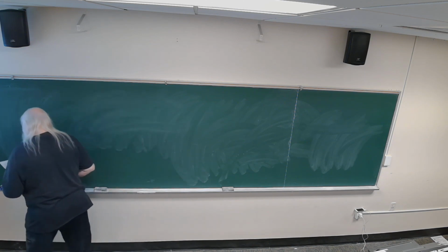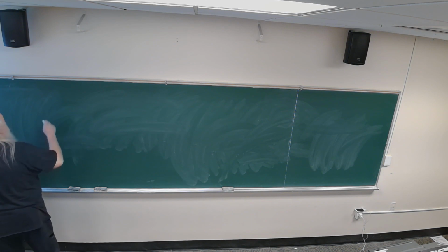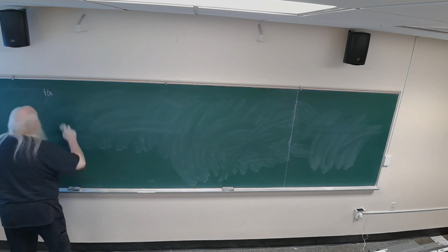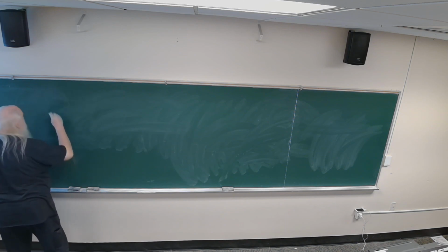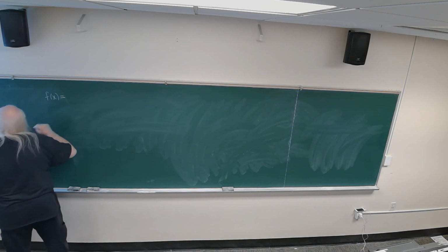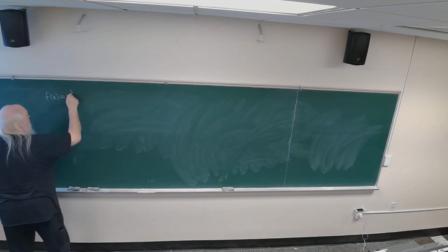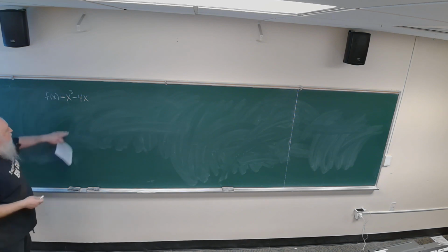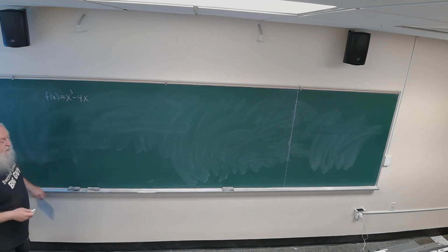So we're going to sketch an approximation to the polynomial function f of x equals x cubed minus 4x. Immediately you recognize this is a third degree polynomial.